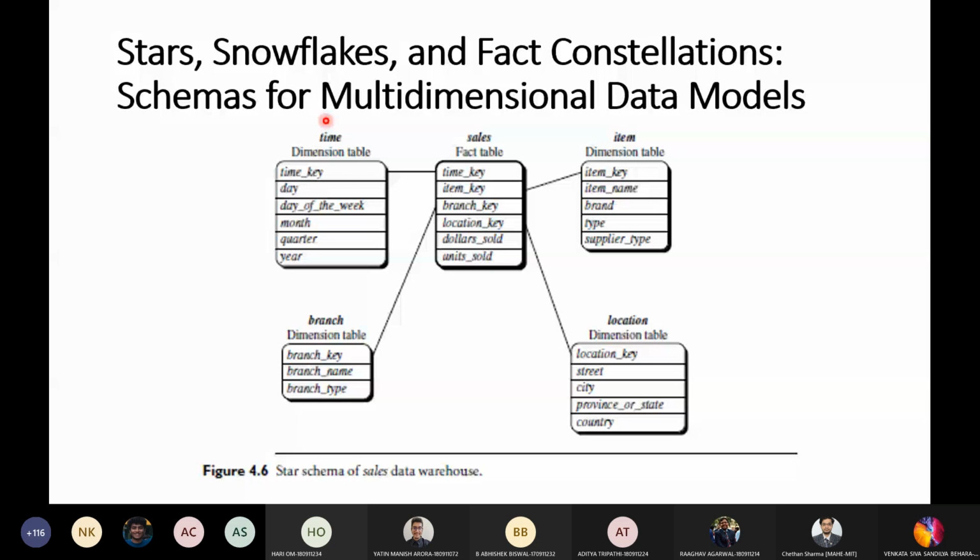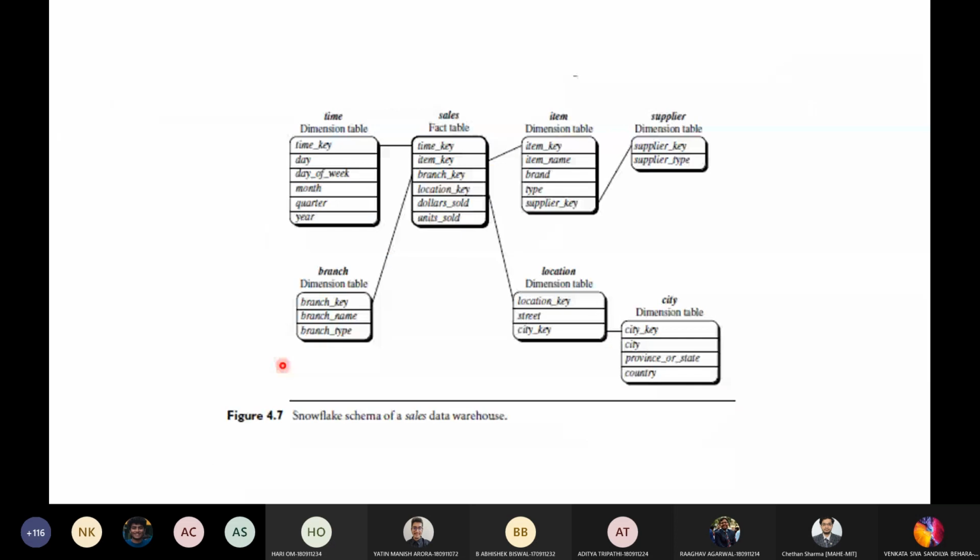A major difference between snowflake and star schema is that the dimensional table in the snowflake model may be kept in a normalized form so as to reduce redundancies. The advantage of such normalization is that it is easy to maintain and saves storage space.